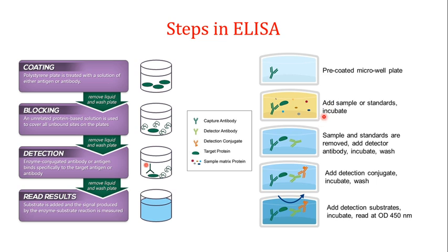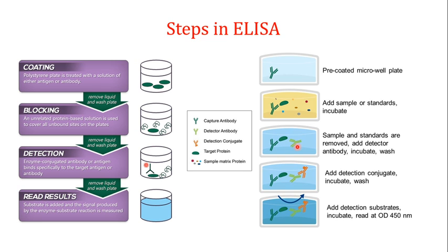So when you have washed, only the primary antibody that is attached to the target protein will remain in the well, and all of the other primary antibodies will be removed, because if they are there, the secondary enzyme-conjugated antibody can bind to them and give you a false result.